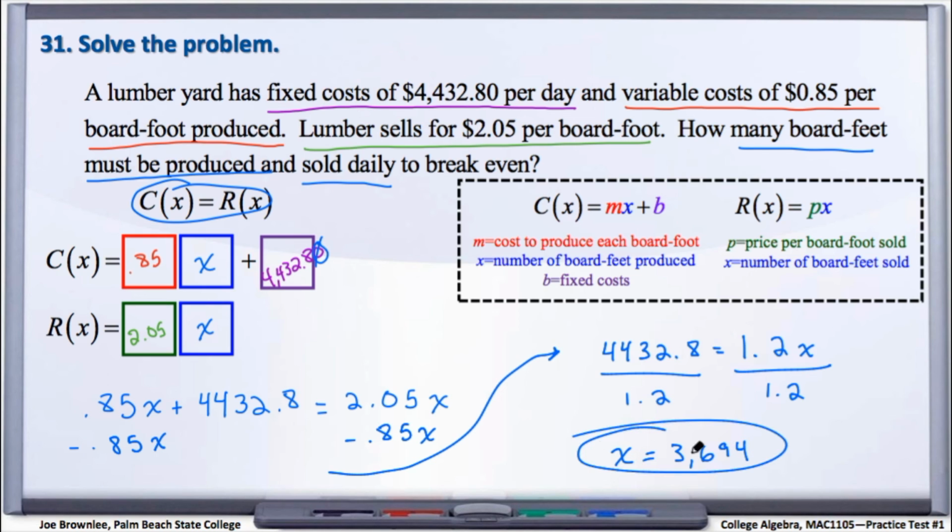So 3,694 board feet must be produced and sold daily in order to break even.